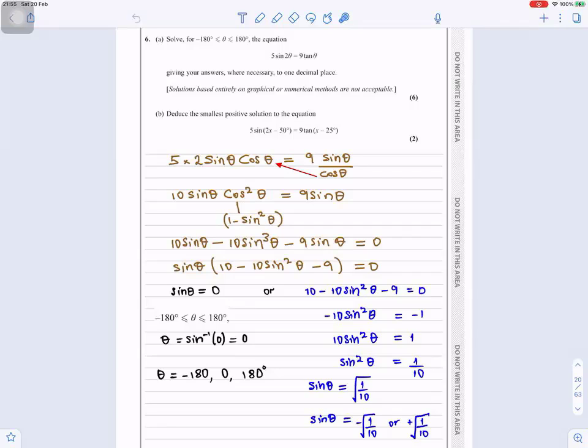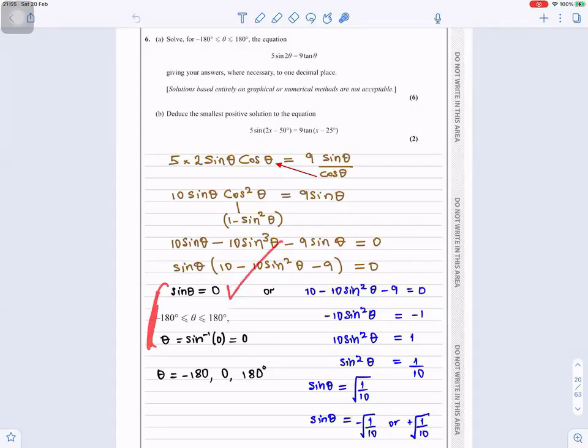You have 10 minus 10 sine squared theta minus 9. 10 minus 9 is 1. So sine theta equals 0 is one option. Or 1 minus 10 sine squared theta equals 0, another option. So let's solve the left hand side first.